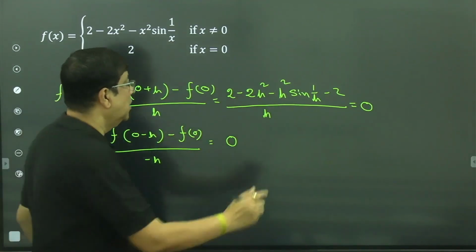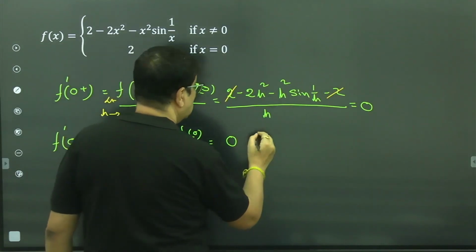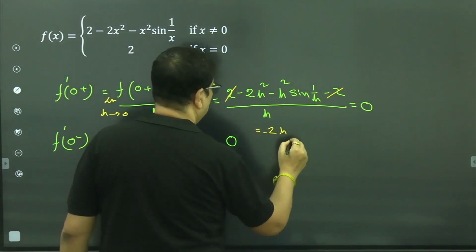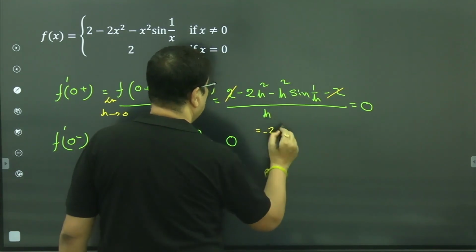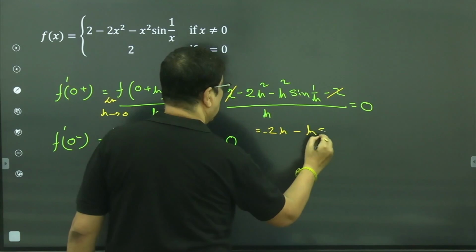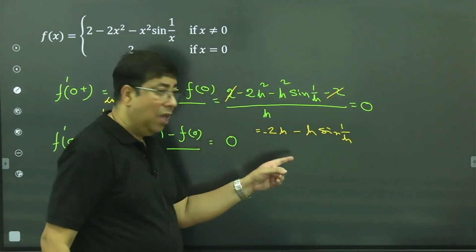The 2 gets cancelled, and if we take minus 2h common, what remains is h sine 1 by h. This is already 0, and sine 1 by h.